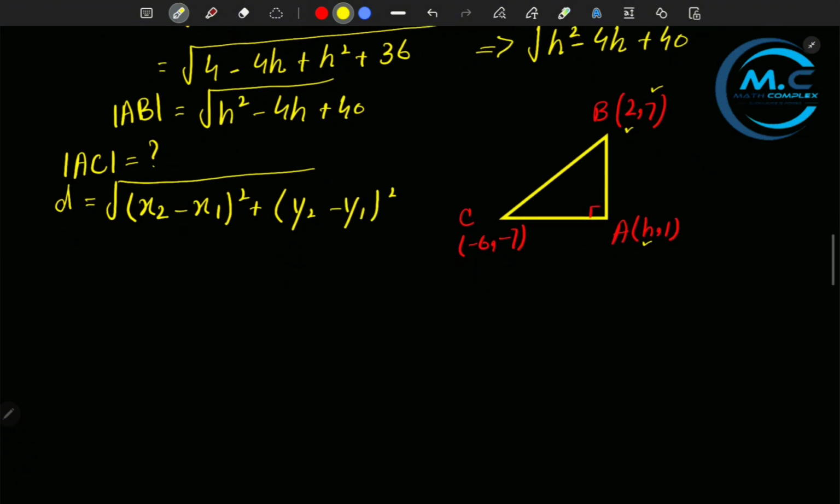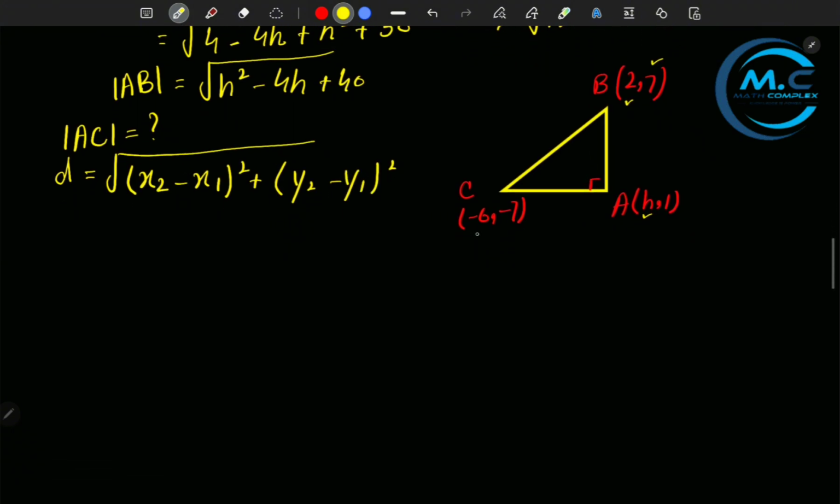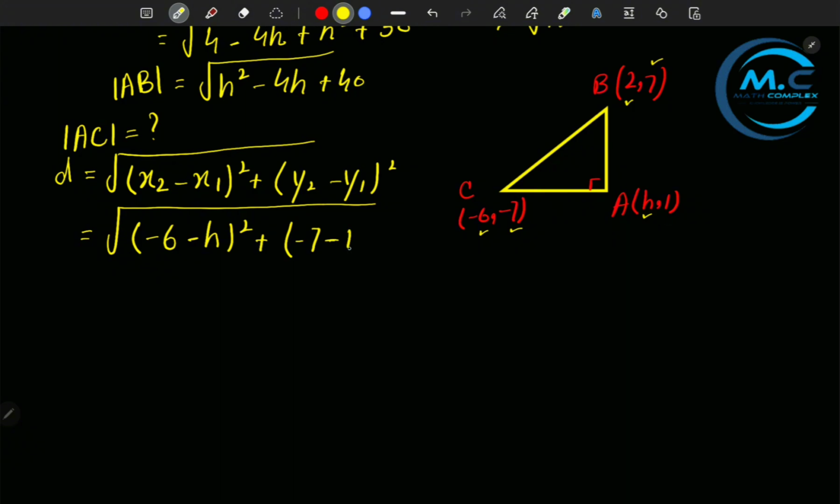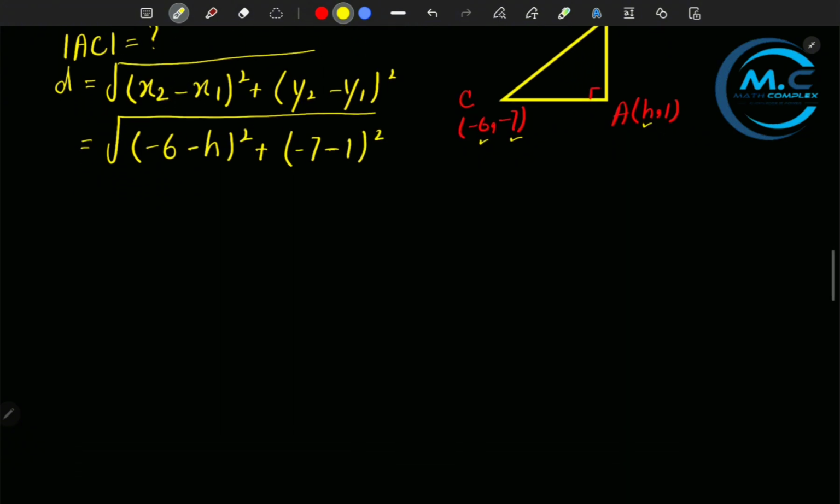Putting the values for AC, the value of x2 will be equal to minus 6, and the value of x1 will be equal to h, whole square, plus the value of y2 will be equal to minus 7, and the value of y1 will be equal to 1, whole square.